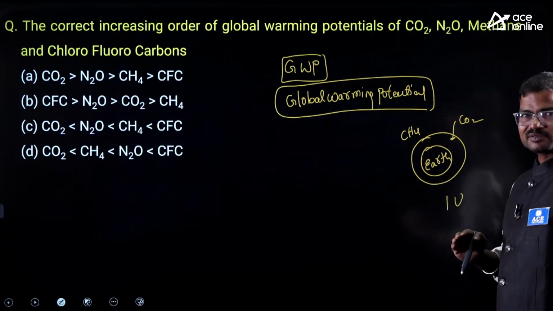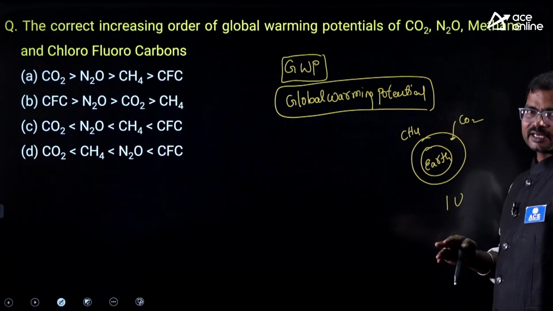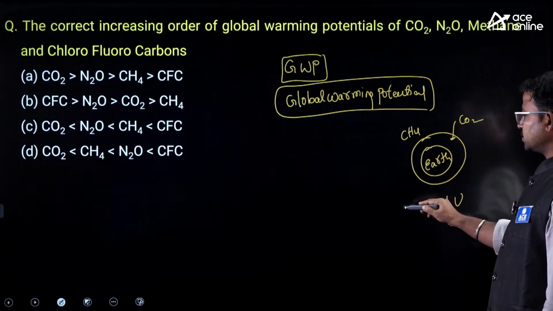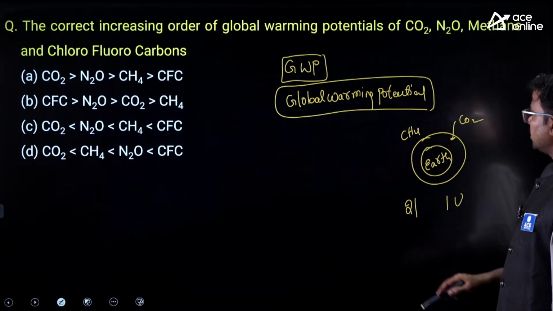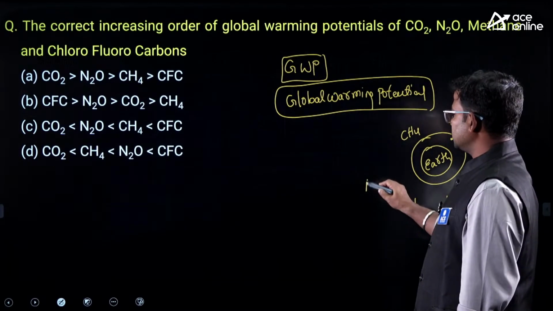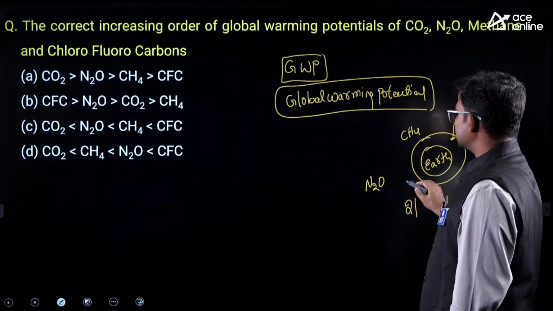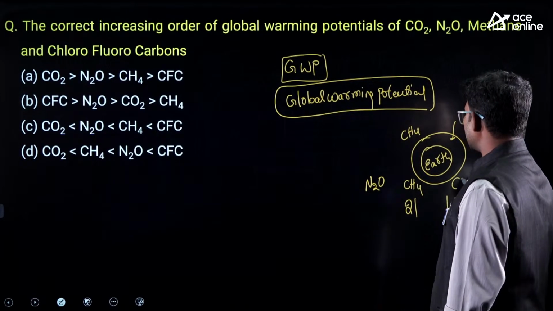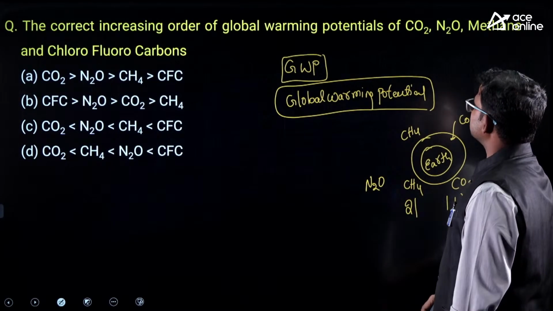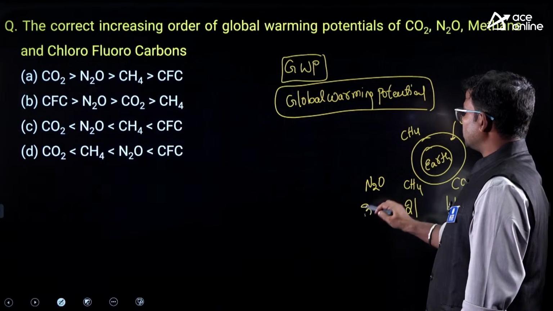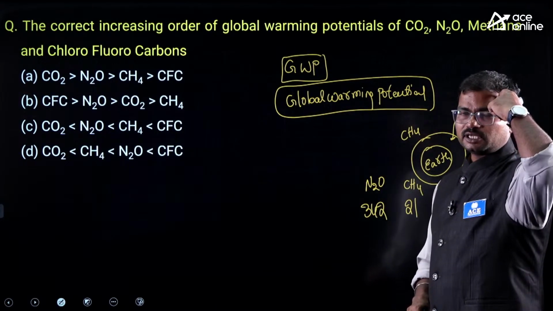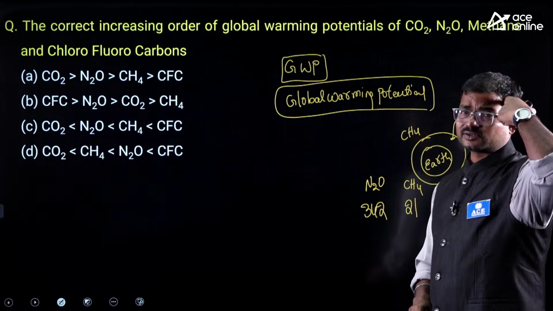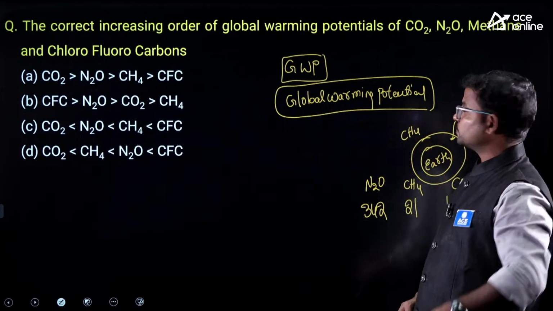Then how many times can this planet's temperature be raised compared with carbon dioxide in 100 years? 21 times. Next, nitrous oxide, N2O. This is methane, this is carbon dioxide. Nitrous oxide is around 342 times, in 100 years, just an approximate value.